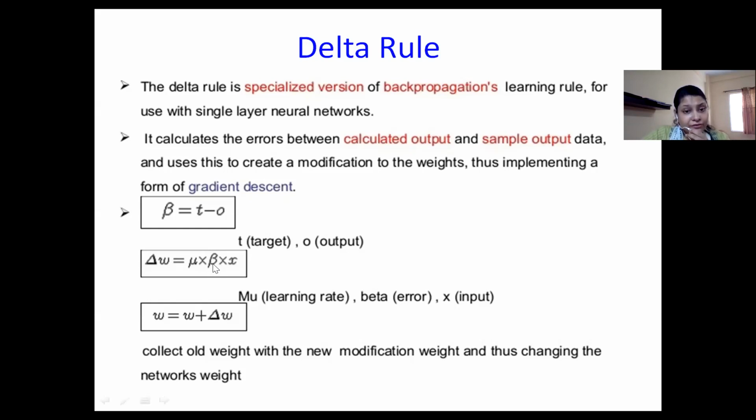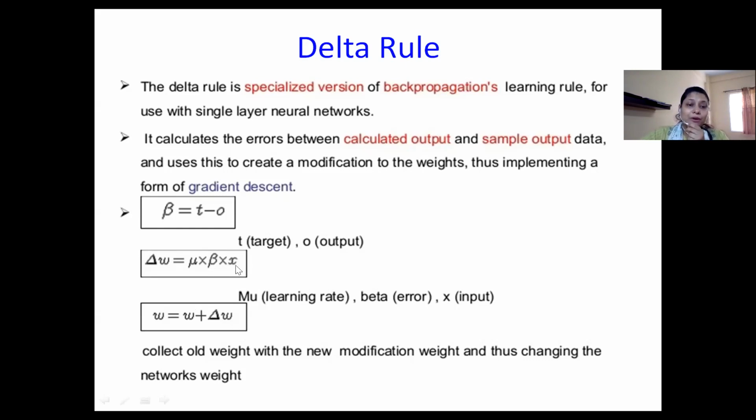We have some error value, which is now obtained from the calculated output and the sample output, and we have the input value. That means for a particular step, for a particular input neurons, automatically we can obtain a certain calculated output, and we have found that there is a certain error between that calculated output and the sample output. So we are going to take that particular input value.